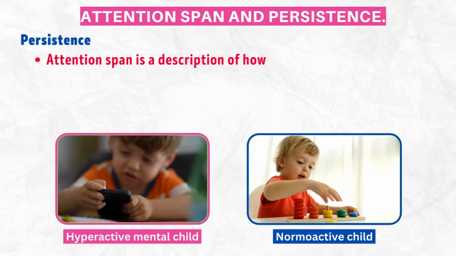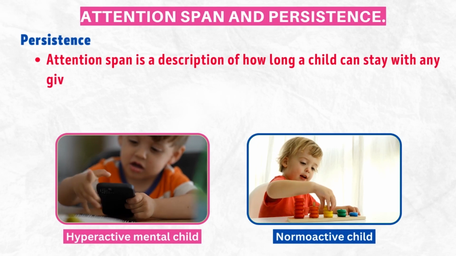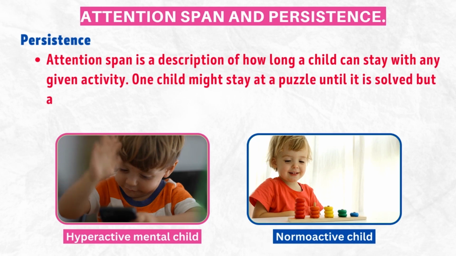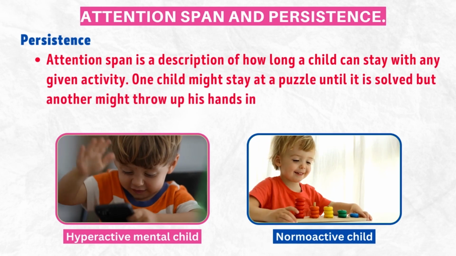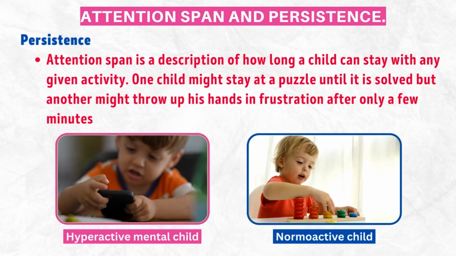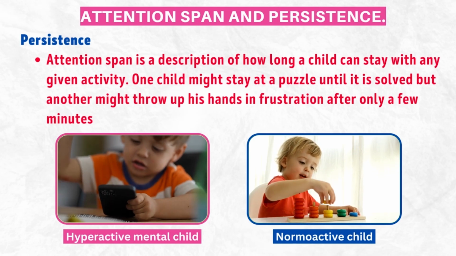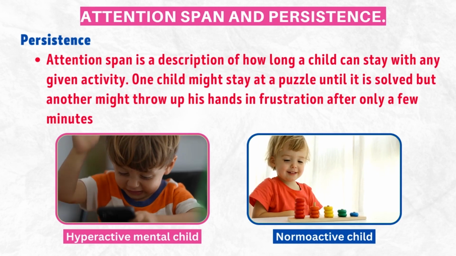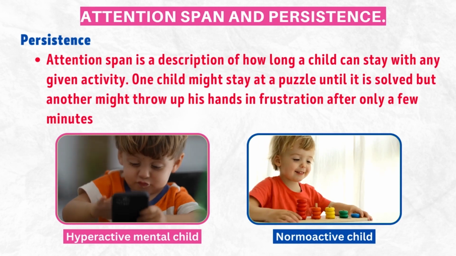If some obstacles or problems are there, if something is not going right, a hyperactive mental child will get easily frustrated and will not complete the task, whereas a normoactive child will have a lot of persistence, a lot of patience, and they will complete the task. So these are the basic 6 points by which we try to assess the hyperactivity of the child.